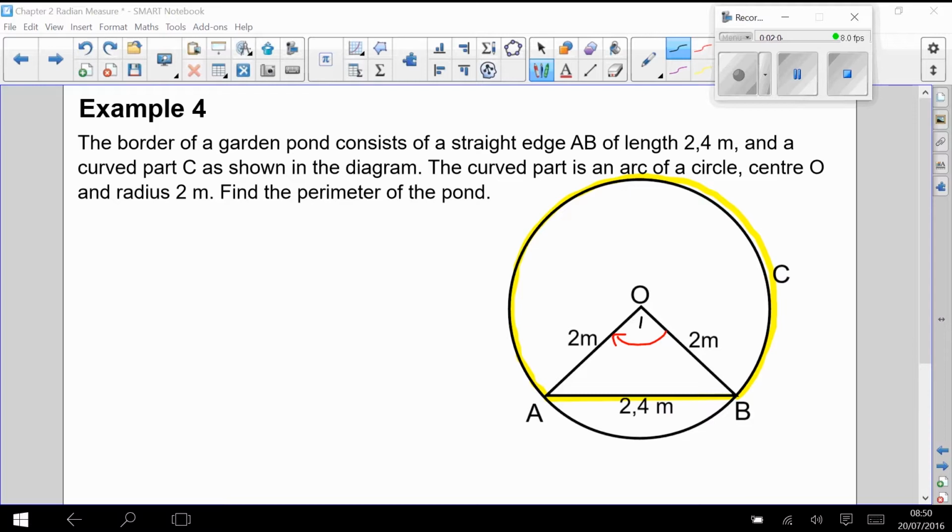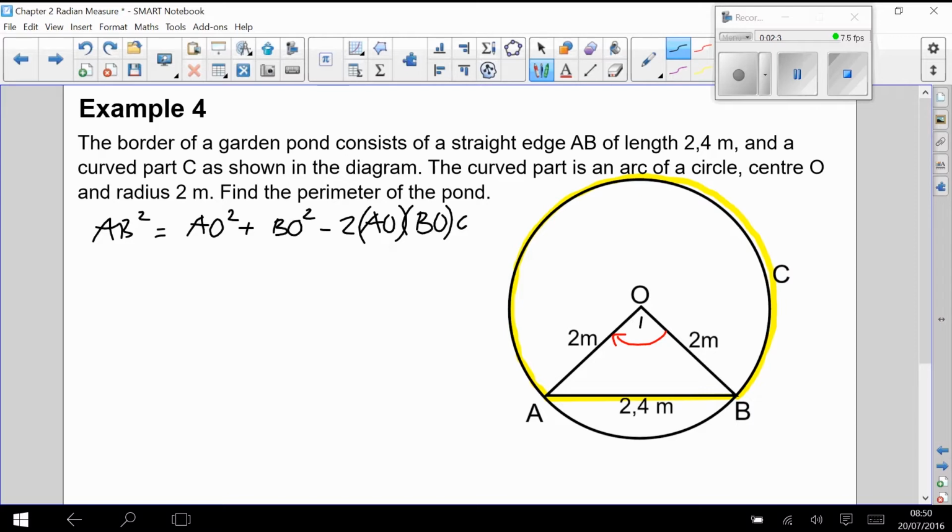Now I write the formula as follows. The side opposite the angle that I want is AB. So it's going to be AB squared is going to be equal to one of the adjacent sides, AO squared, plus the other adjacent side, BO squared, minus 2 times AO times BO, and that must be all times cos of the angle that I want, which is angle O1.